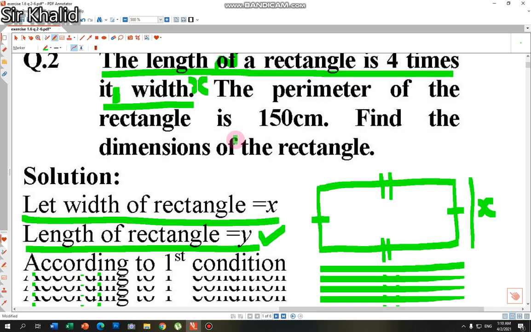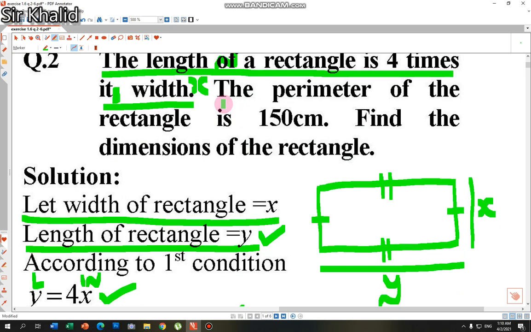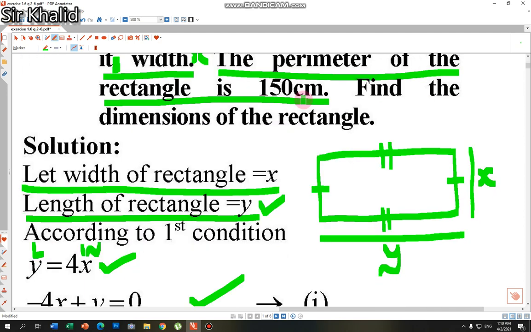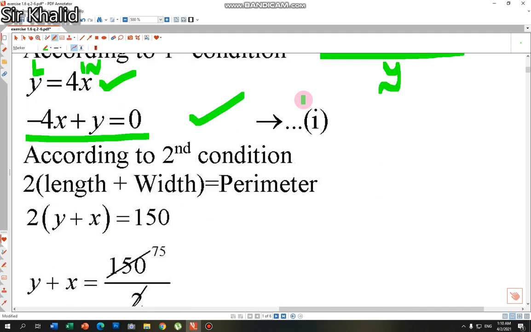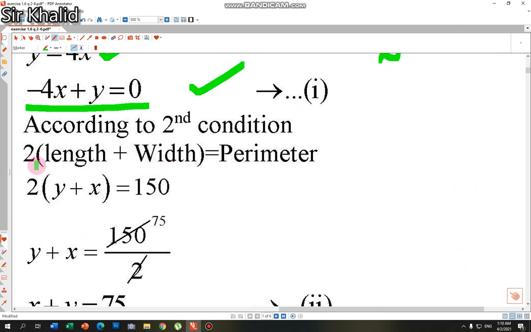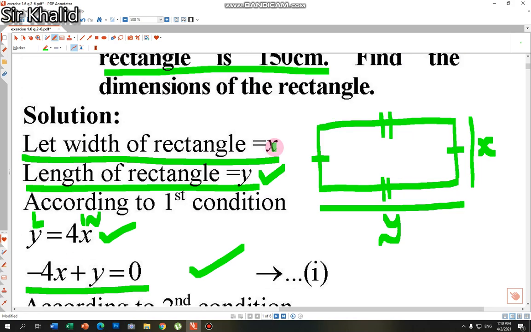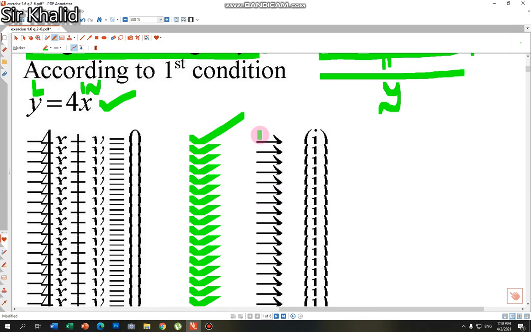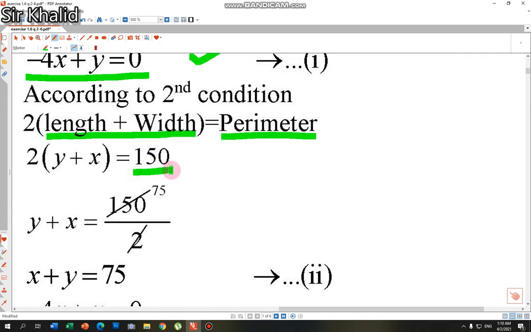Now in the second part of this problem, the perimeter of the rectangle is 150 centimeters. The formula for the perimeter of a rectangle is 2 times (length plus width) is equal to perimeter, and the perimeter given in this problem is 150 centimeters. Now I supposed length is equal to y and width is equal to x.